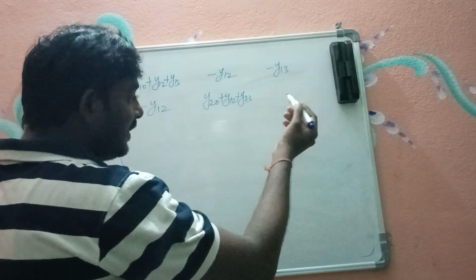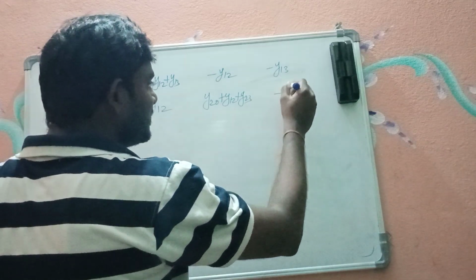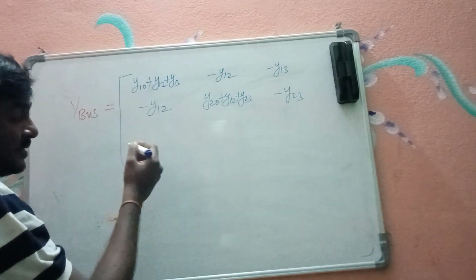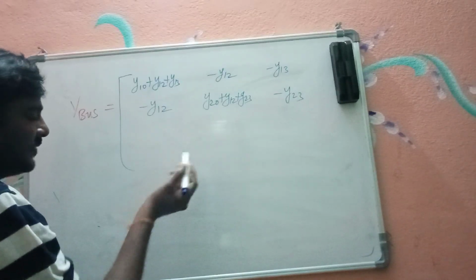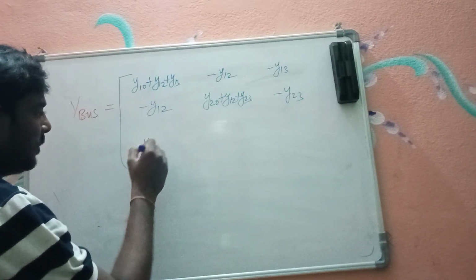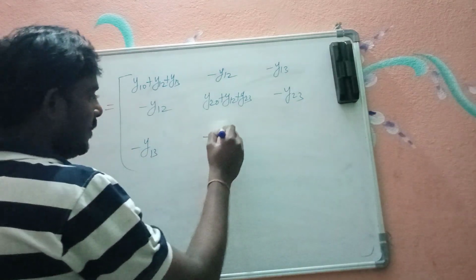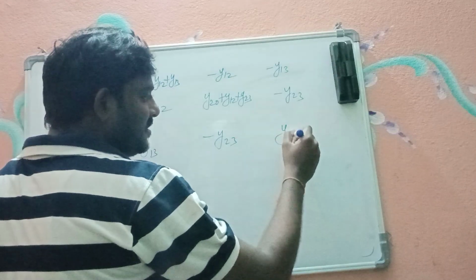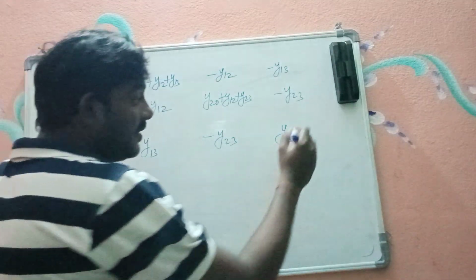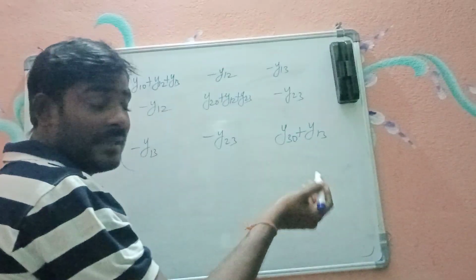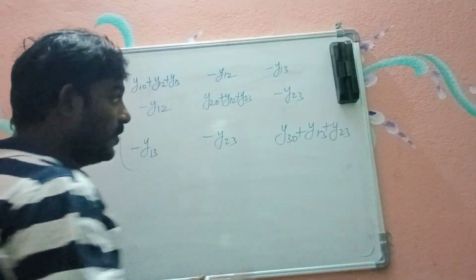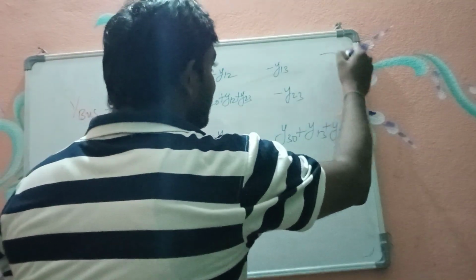Next, third element of the second row is minus y23, and the first element of the third row is minus y13, then minus y23, and here you will get y30 plus y13 plus y23. So now this is the actual matrix.